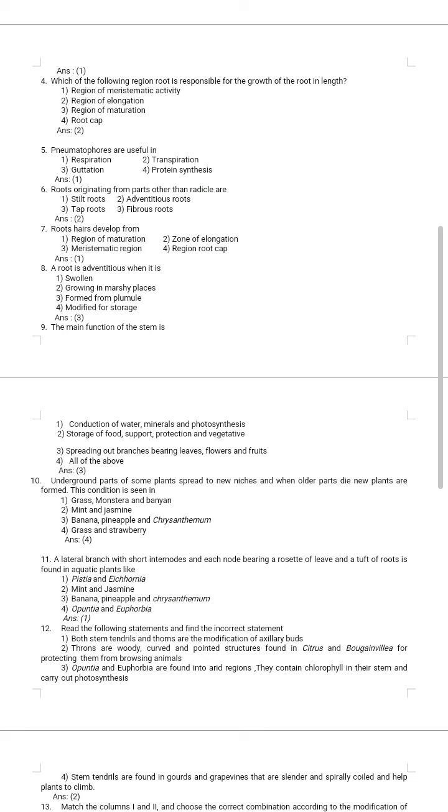And one more important example, Rhizophora, as we discussed in the previous video. They grow in swampy areas, in a place where there is a poor amount of oxygen. To perform respiration, to compensate for the low amount of oxygen, roots grow vertically and absorb atmospheric oxygen and perform respiration.